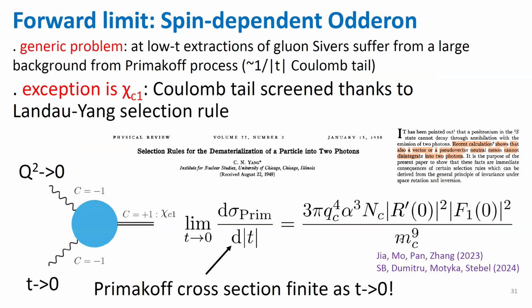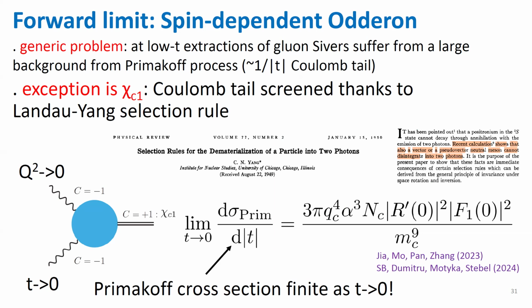Now, there's a generic problem with this suggestion. We are in the forward limit, and in the forward limit there's a large, basically infinite, background coming from the Primakoff process that's generated by the Coulomb tail. This would be, for example, the classic case of exclusive pi zero production.